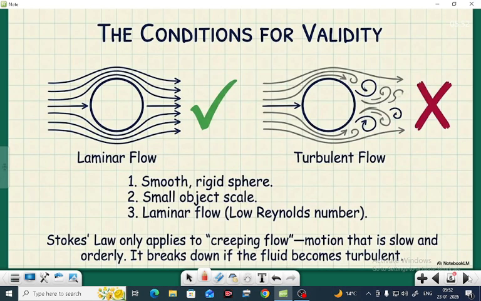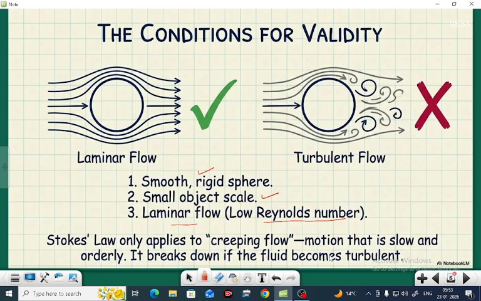The conditions for validity. It is valid for laminar flow but not for turbulent flow. A smooth, rigid sphere. The sphere should be rigid and smooth. A small object scale. Laminar flow, low Reynolds number. The Reynolds number should be low here. Stoke's law applies to creeping flow, motion that is slow and orderly.